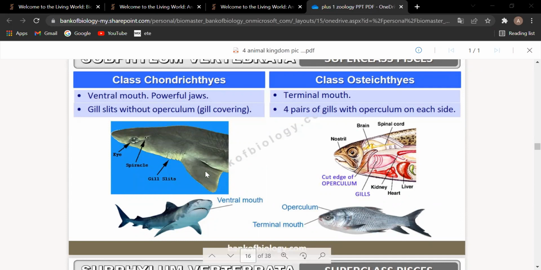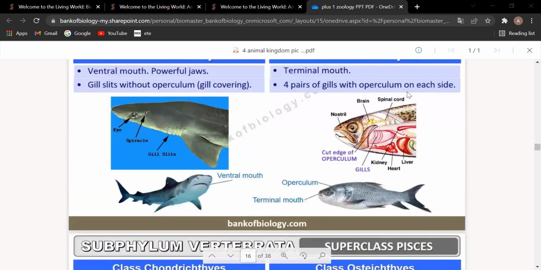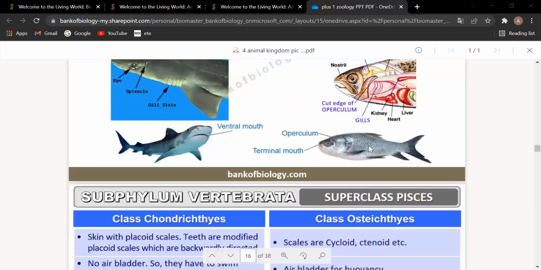Gill slits without operculum or gill covering. So they do not have any gill covering. Bony fish have 4 pairs of gills with operculum on each side. You can see the operculum here. Those who eat fish probably know this structure, the operculum, which is above the gills. Yes, they would be knowing it.